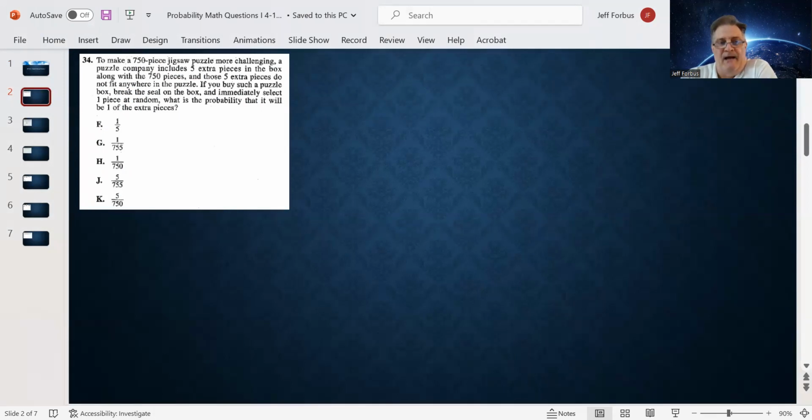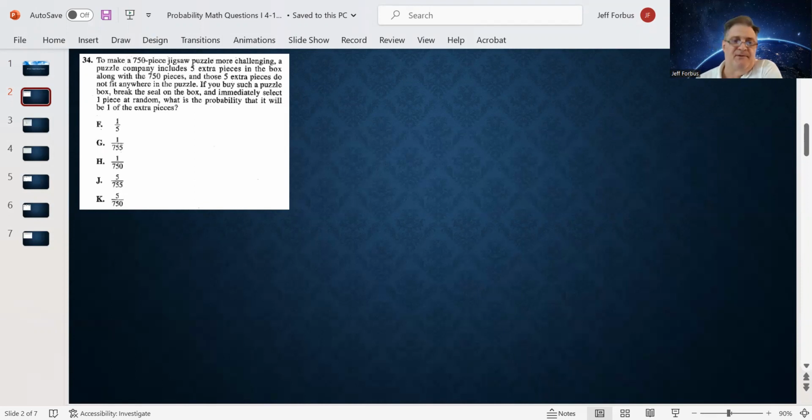Now, if you buy a puzzle and break the seal on the box, immediately select one piece at random, what is the probability that it will be one of the extra pieces?